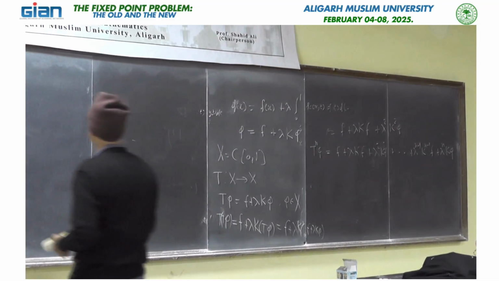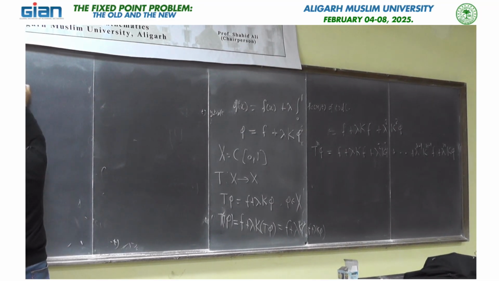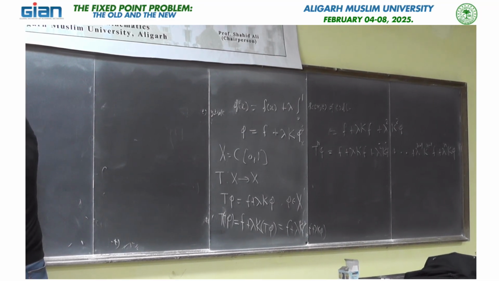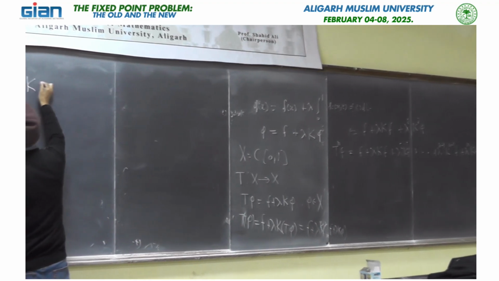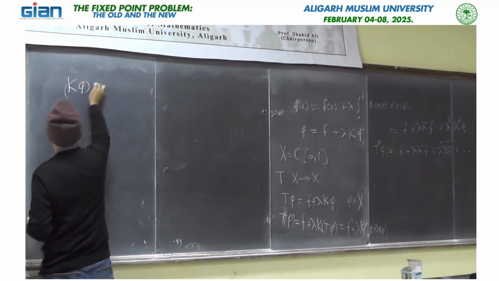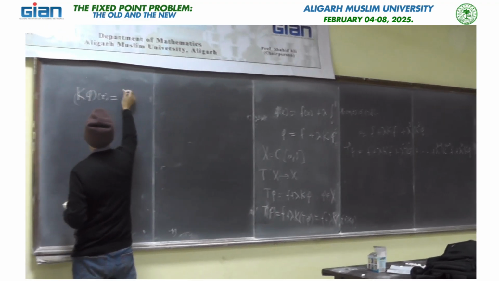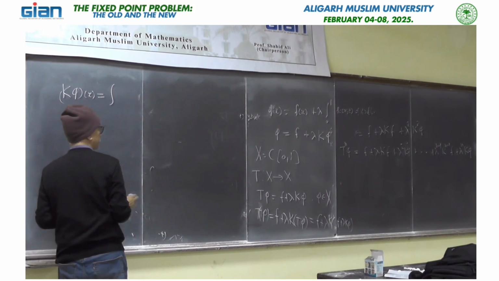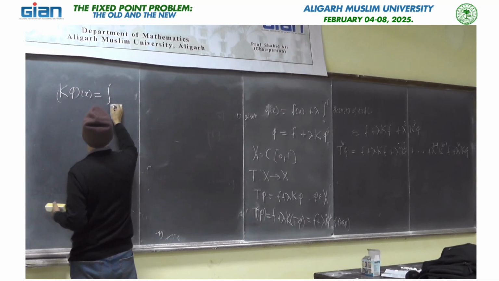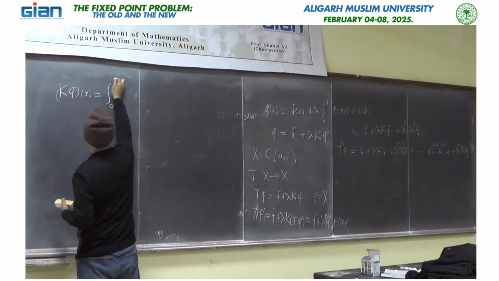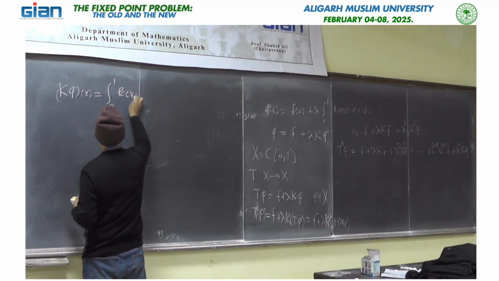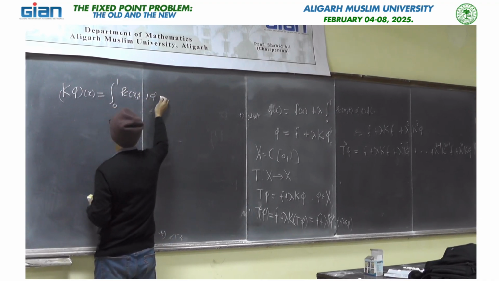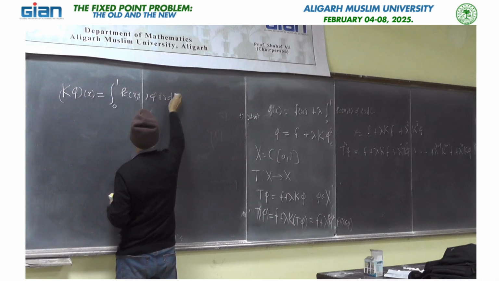And you see, what is K squared? K is like this: K phi of x in the Fredholm case. We will first consider Fredholm and then deal with the Volterra. So integral from 0 to 1 of K(x,t) phi(t) dt.